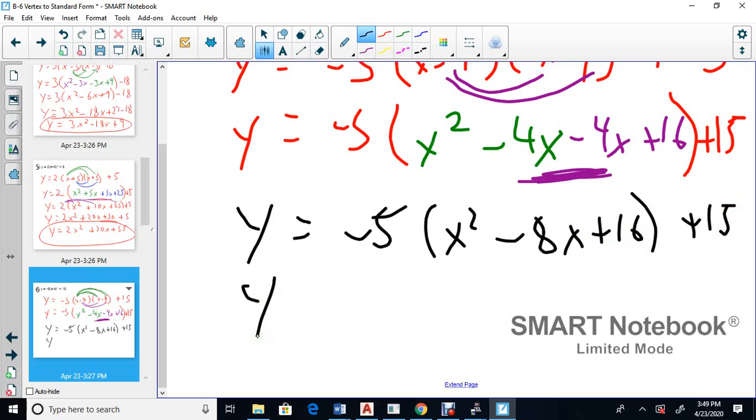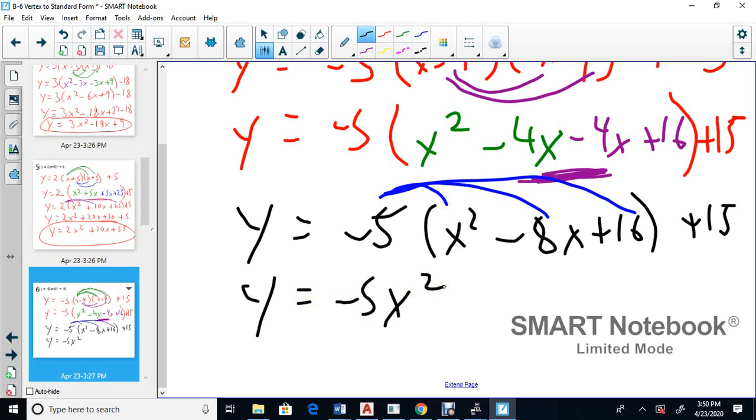So let's get another color here, blue. We're going to multiply to the 3 items here, and not to the 15 at the very end. So we're going to go minus 5x squared, then negative 5 times minus 8 is plus 40x. Then we get a hard one, negative 5 times 16.